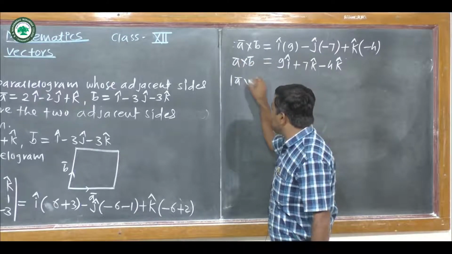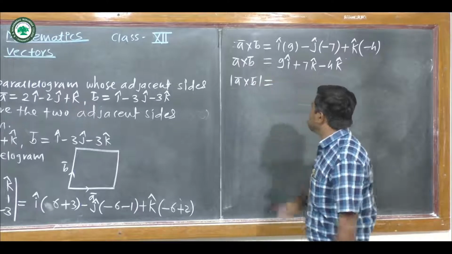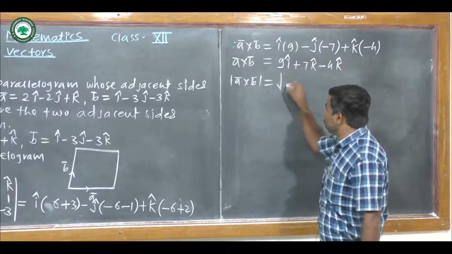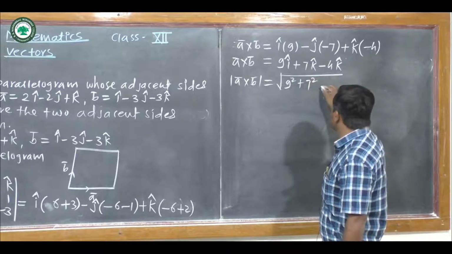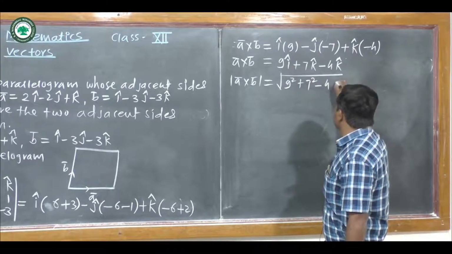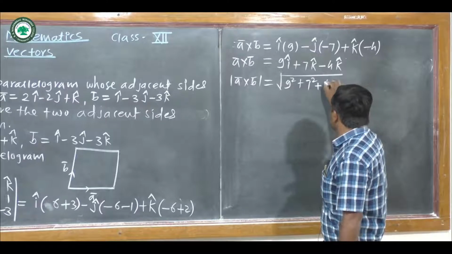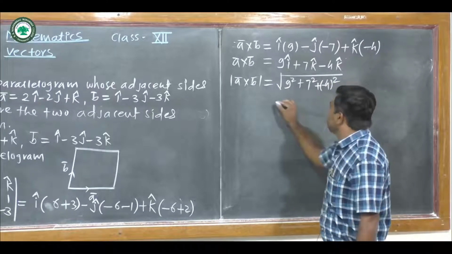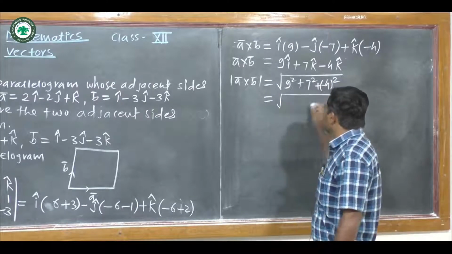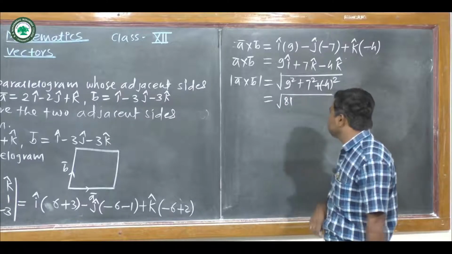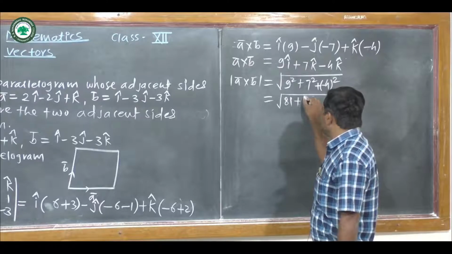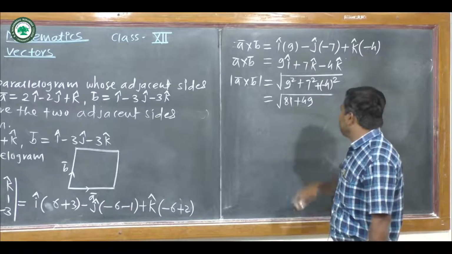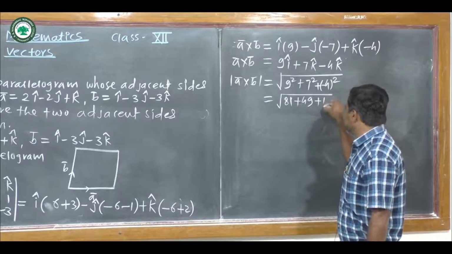Magnitude of a bar cross b bar is equal to square root of 9 square plus 7 square plus minus 4 square, and so it is equal to square root of 9 square 81 plus 7 square 49 and minus 4 square 16.